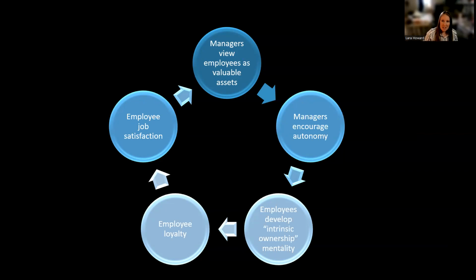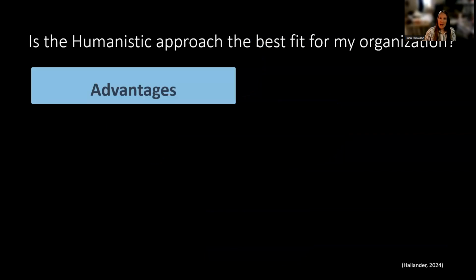The takeaway for leaders is that managers who practice from a humanistic paradigm genuinely view workers as valuable assets to their organization and will adopt an optimistic view of employee motivation for work. As a management model, humanistic theories offer great outcomes for organizations.